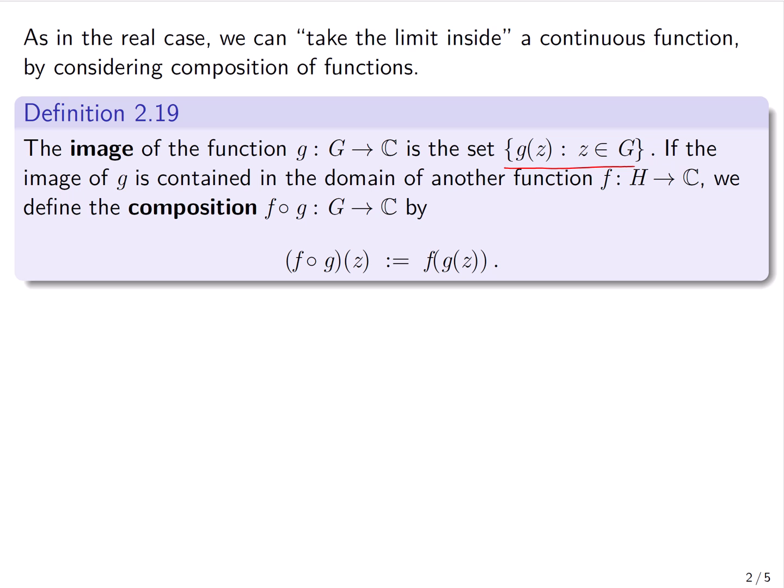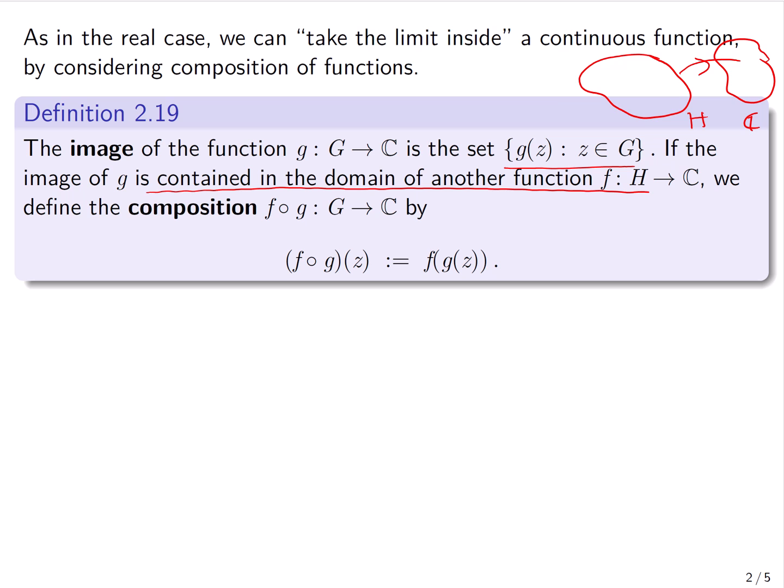If the image of g is contained in the domain of another function, so the image is inside the domain of another function, we have a function f which has the domain H. So the function f maps H to C. C is the entire set. Now what happened?